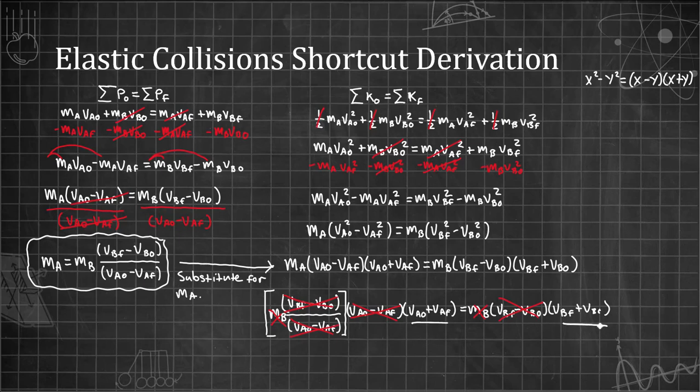After doing all of this algebra and finally canceling everything out, we're left with a very elegant solution to the problem of an elastic collision between two objects: the sum of the initial and final velocity for each object should be equal to each other. We can use this whenever we're analyzing problems that are perfectly elastic.